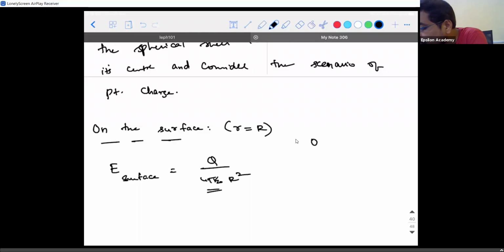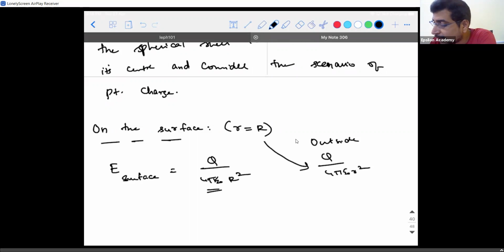Because outside what was the value? Q divided by 4 pi epsilon naught small r square. Now if I put small r equal to capital R here, it will become Q divided by 4 pi epsilon naught capital R square. That's it. So this is the value on the surface. An important point to be noted here is, on the surface the value of electric field is constant, because Q is constant, 4 pi epsilon naught is constant, and R is also a constant.